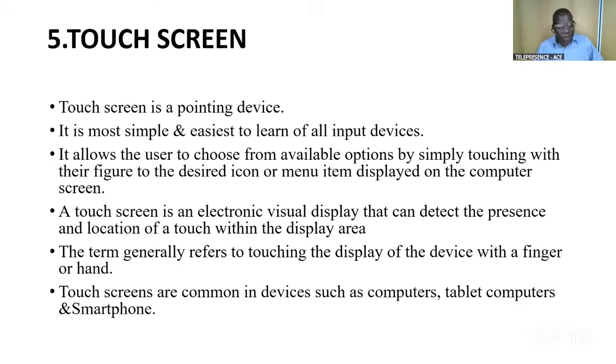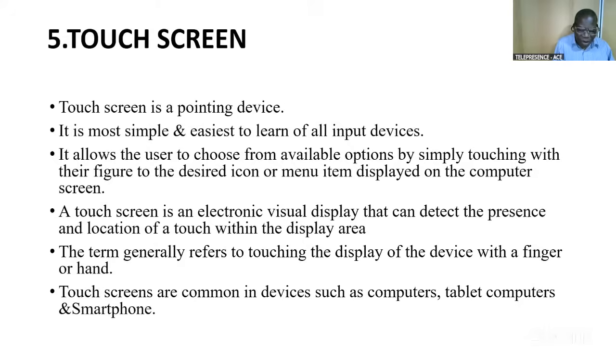A touch screen is an electronic visual display that can detect the presence and location of a touch within the displayed area. The term generally refers to touching the display of the device with a finger or hand.